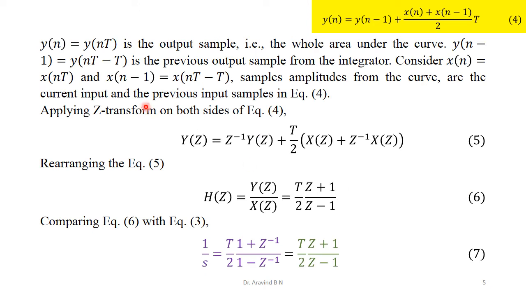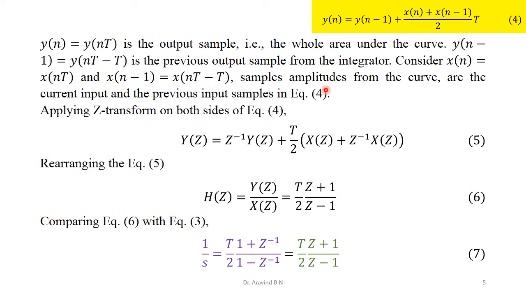In that equation, y of n will be equal to y of nt, which is the output, and y of n minus 1 will be equal to y of nt minus t, which is the previous output sample. Then x of n is equal to x of nt, and similarly x of n minus 1 is equal to x of nt minus t.